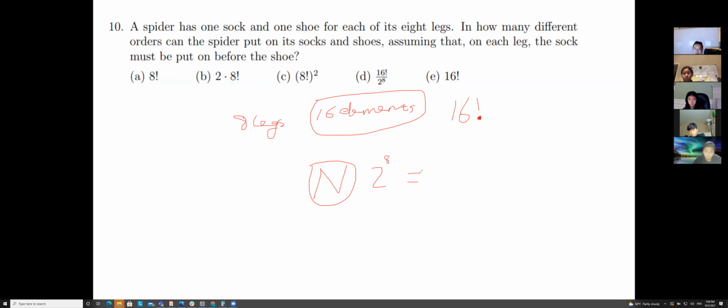Sarah, you're avoiding the eye contact. Come on. No limit, right? How many elements we're talking about? 16. No limit. What's the full arrangement of 16? 16 factorial. Yeah, 16 factorial.